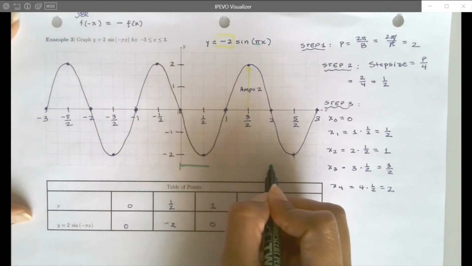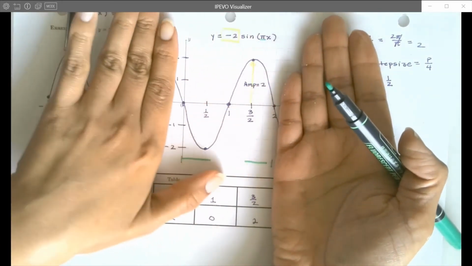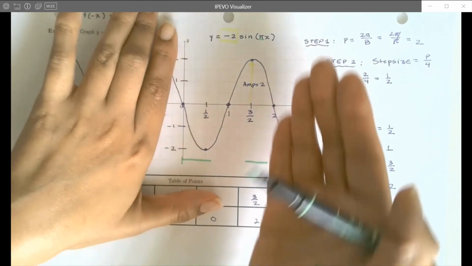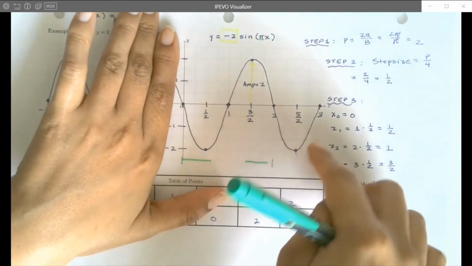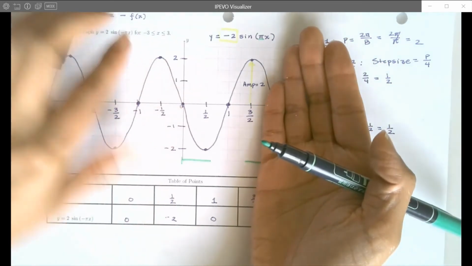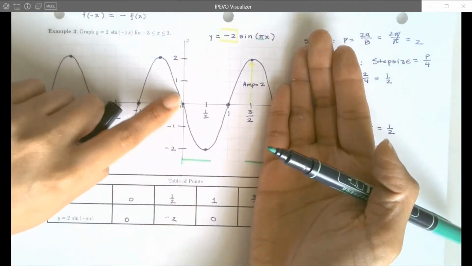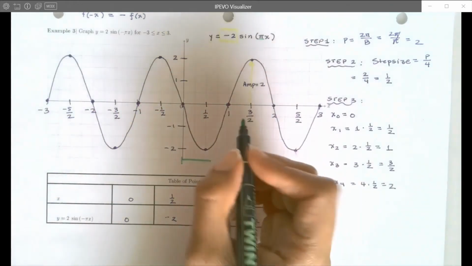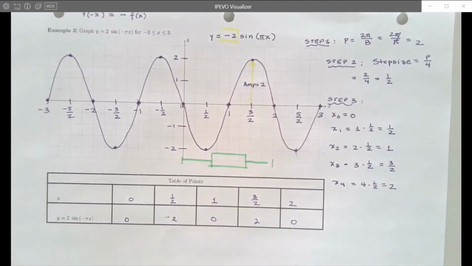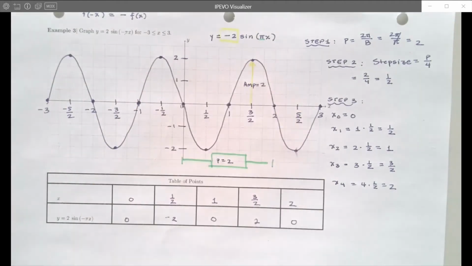One cycle of sine gets fully completed between 0 and 2, and then you'll see a repetition of it after the 2, or if you go into the negatives, you'll see a repetition of this portion of the graph happening between 0 and -1/2. So in any case, the period is indeed consistent with 2.